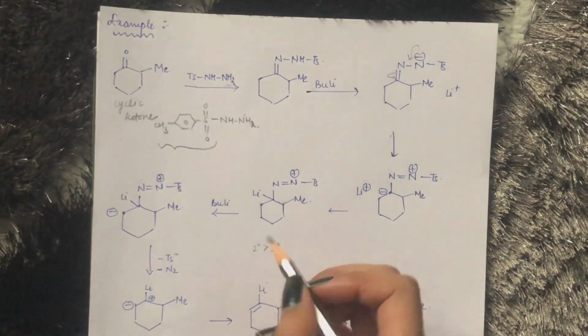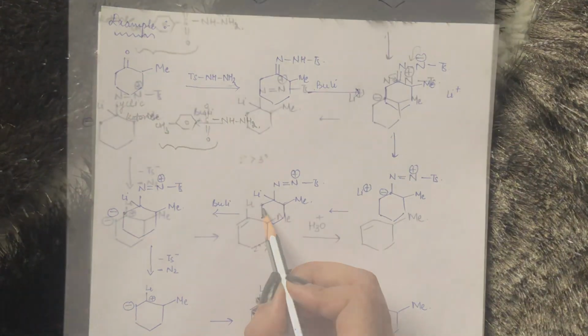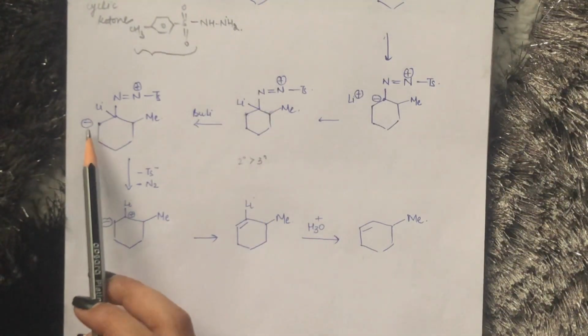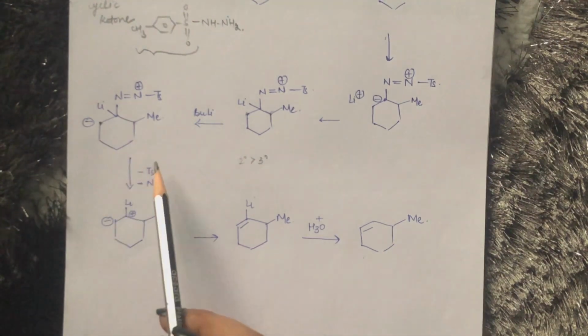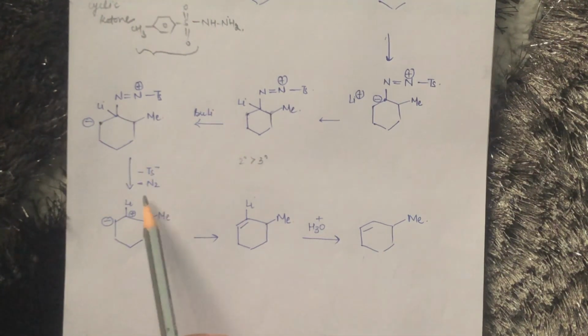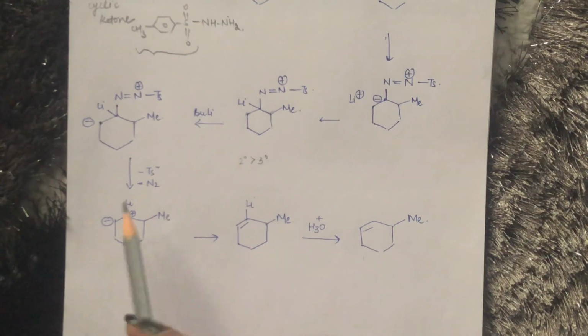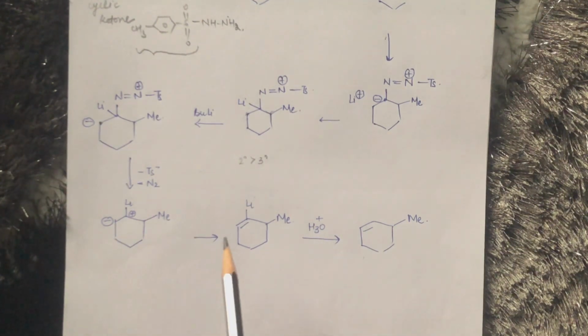So hydrogen will be abstracted from this side. Negative charge comes on this carbon. So after the removal of nitrogen gas and tosyl group and following hydrolysis, we get a less substituted alkene, which is a kinetically stable product.